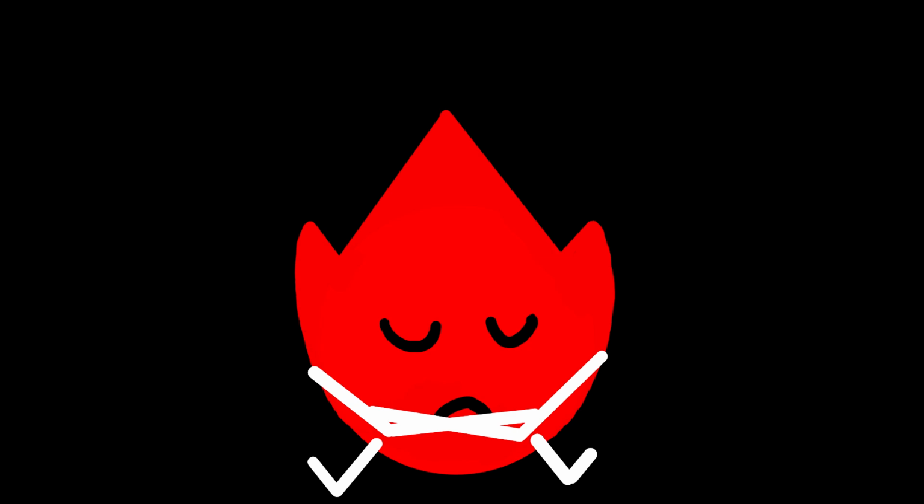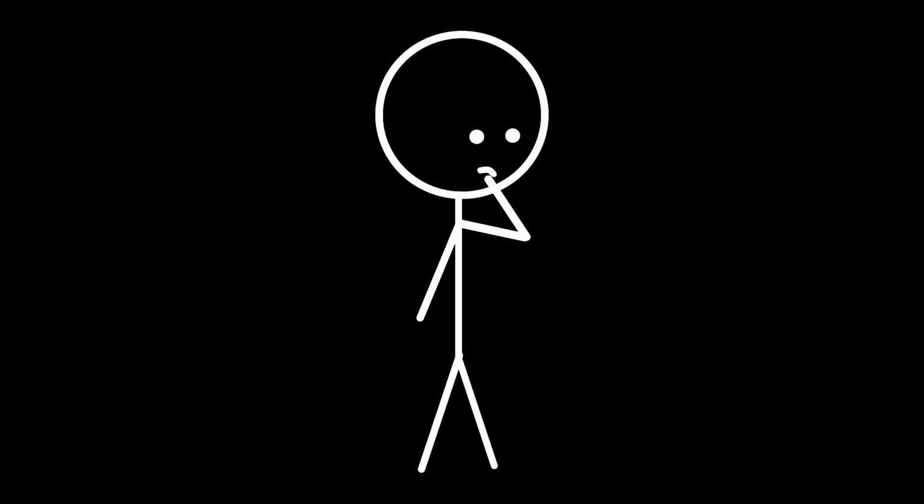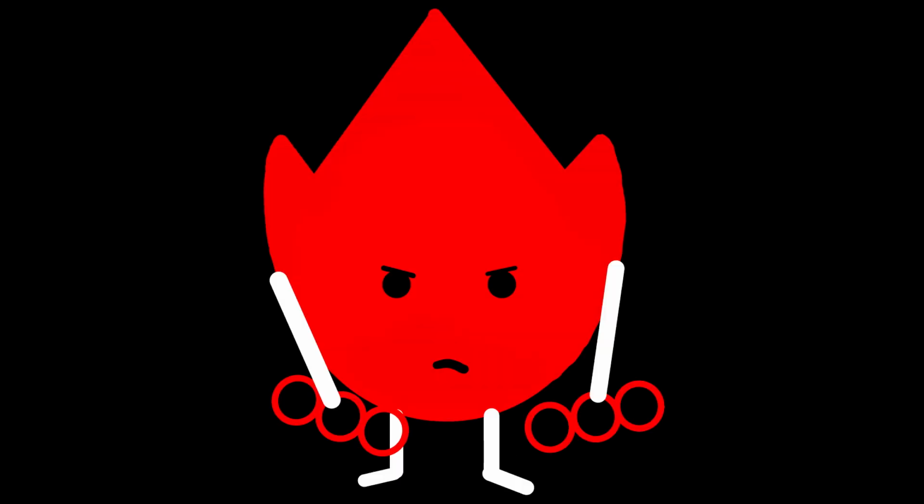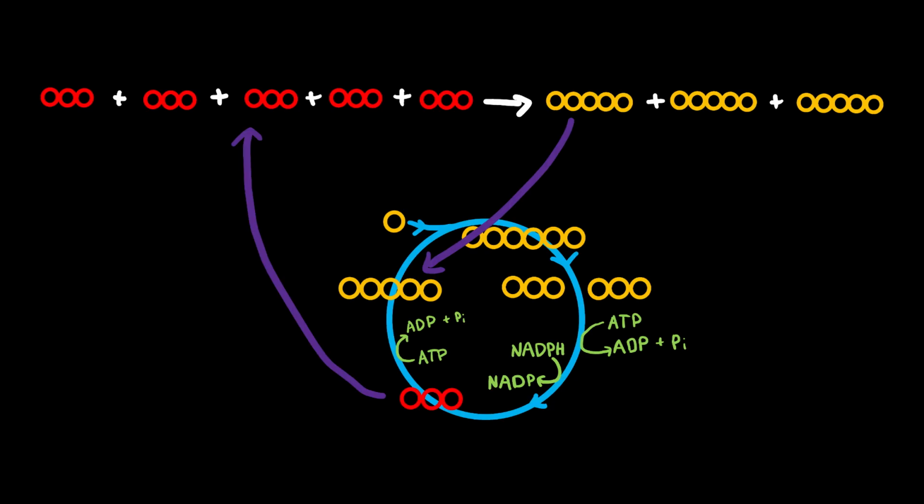How is that useful? Let me remember. 2 triose phosphate molecules are needed to make glucose. Great, let's do that then. Wait, but we need 5 of them to regenerate the cycle. Let's use 5 to regenerate the cycle. Get more triose phosphate molecules, and that way we can get more glucose.